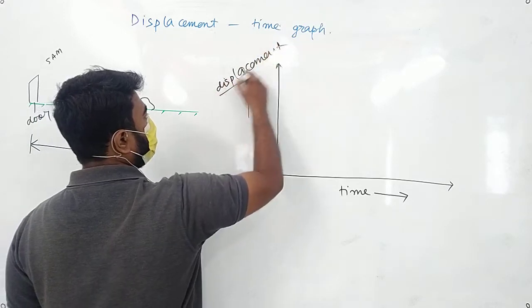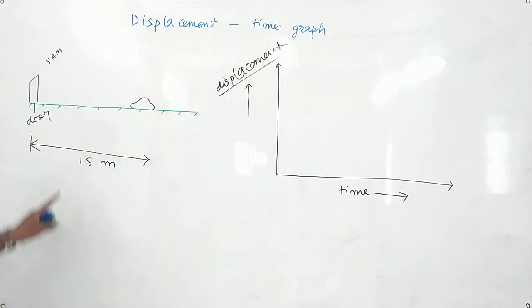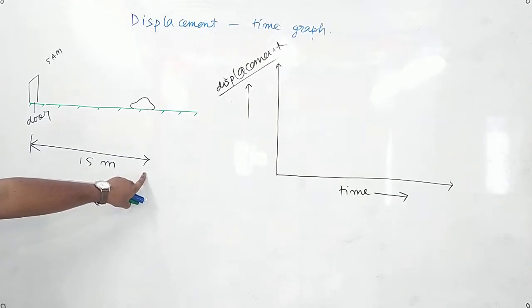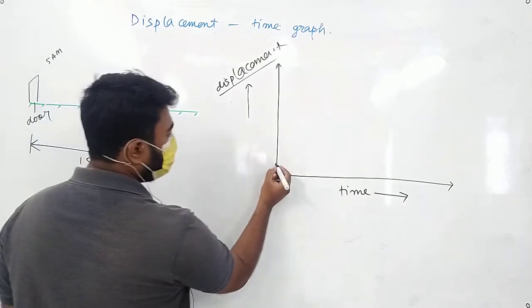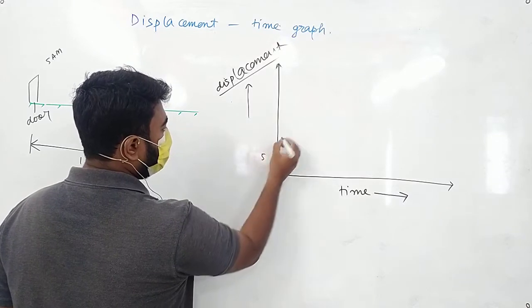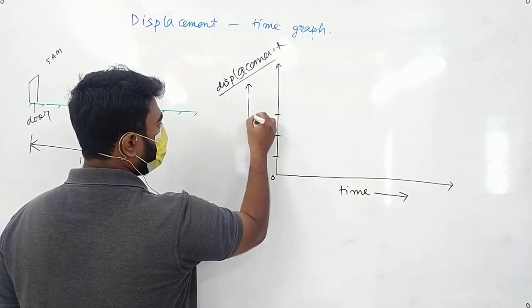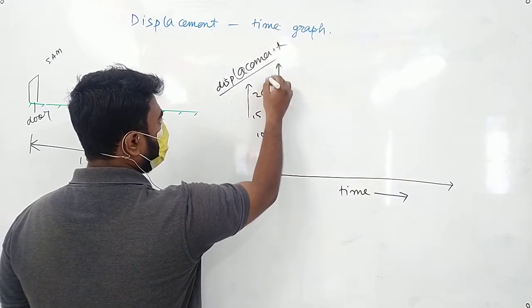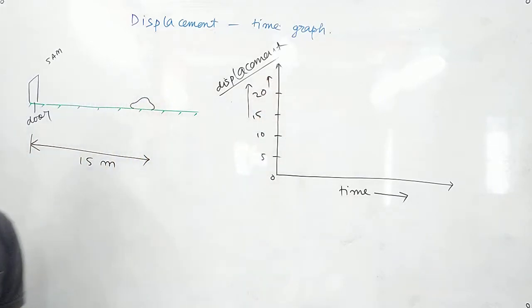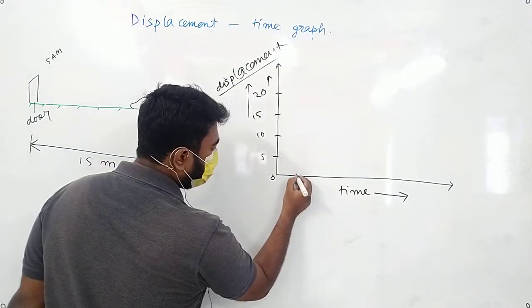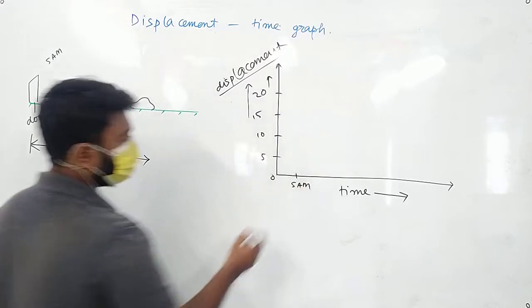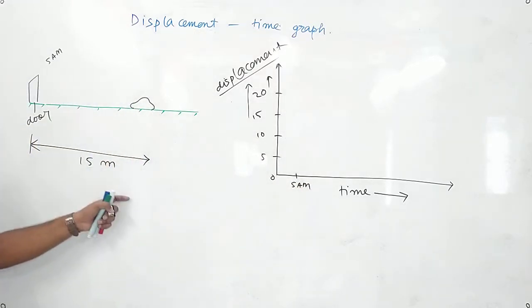Now at 5 a.m. what is the position of the stone? 15 meter. This is 0, this is 5, this is 10, this is 15, this is 20, and so on. So at 5 a.m. he saw it at 15 meter.